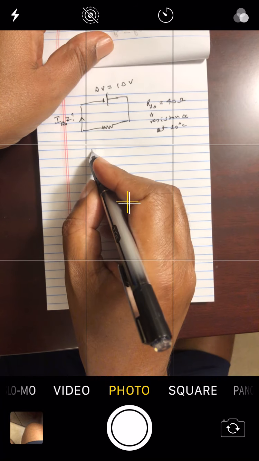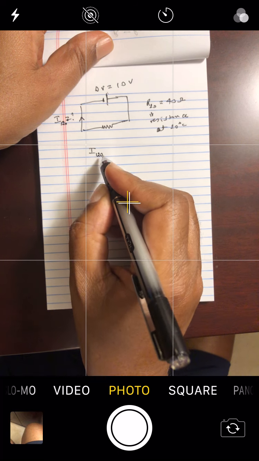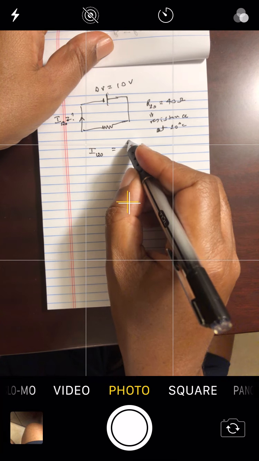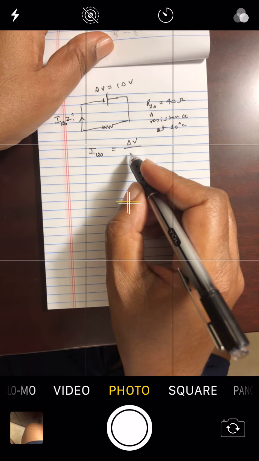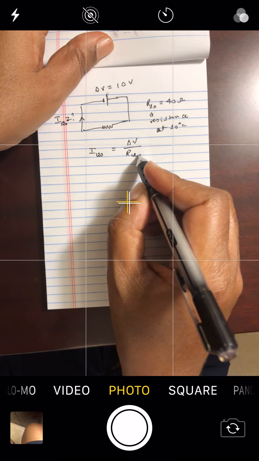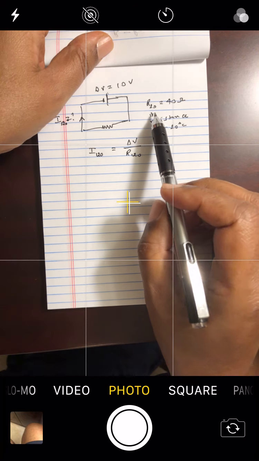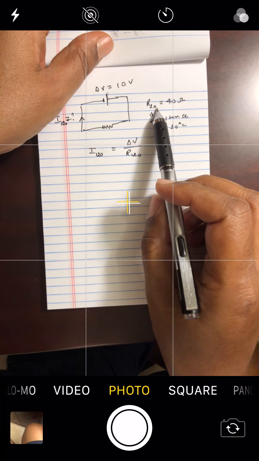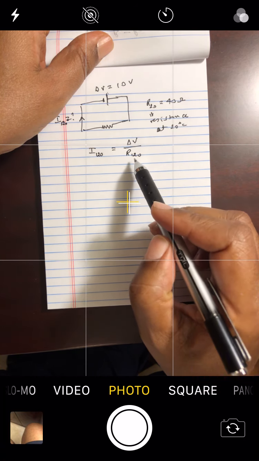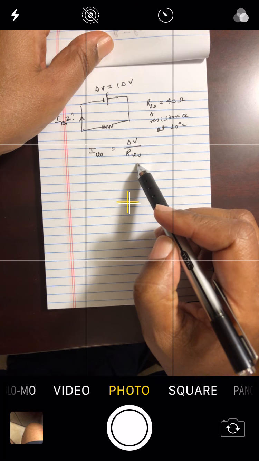So we can say the current at 120 degrees centigrade equals the potential difference divided by the resistance at 120 degrees centigrade. But we know the resistance at 20 degrees centigrade, so first we have to calculate the resistance at 120 degrees centigrade.